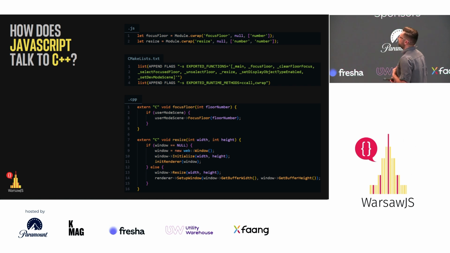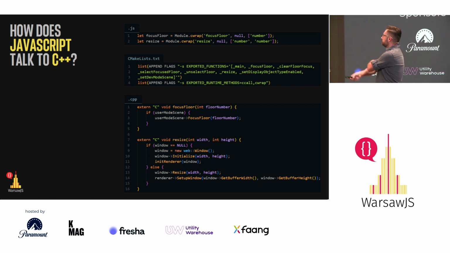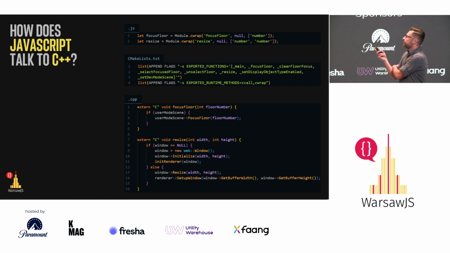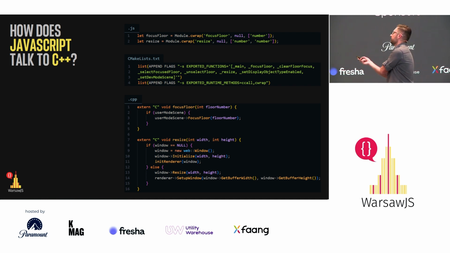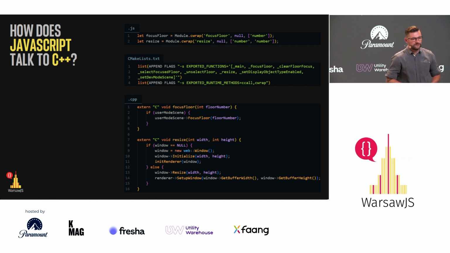So WebAssembly will generate those methods under the hood. And in the C++ snippet, there are equivalent methods, focusFloor and resize. So if we call focusFloor or resize in JS code, it will call the function directly in C++.